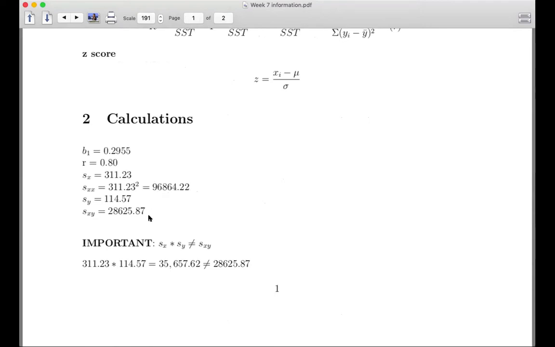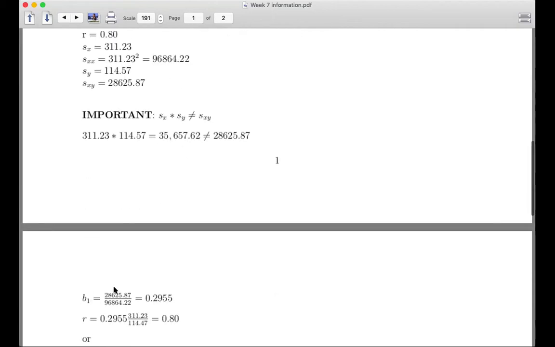And that's essentially what RStudio does to get the B1 value that it reports to you when you run your command. So this is the same exact calculation that RStudio does. SXY divided by SXX gives us the 0.2955 that we saw in RStudio.